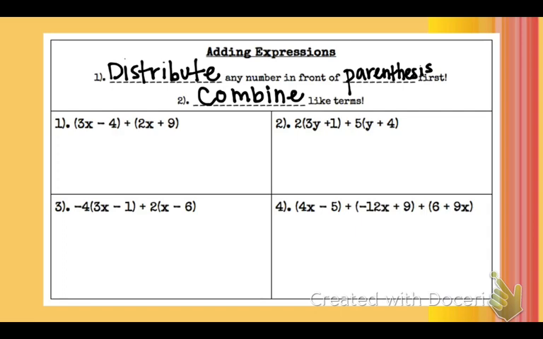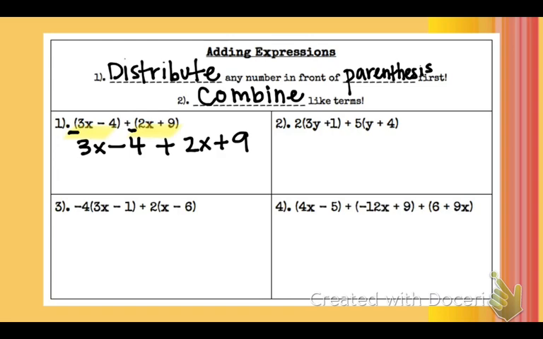We have 3x minus 4 plus 2x plus 9. So I don't have any numbers out front to distribute, so I will copy it down as 3x minus 4 plus 2x plus 9. In this problem, the parentheses don't serve very much purpose since there's nothing to distribute.